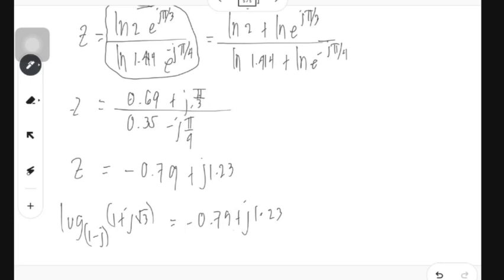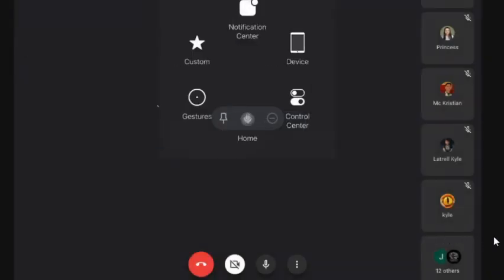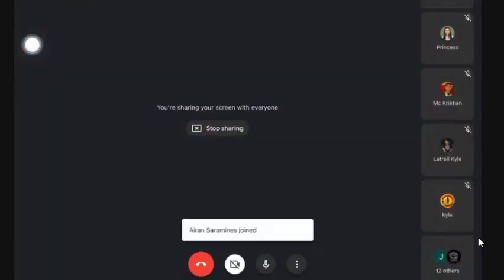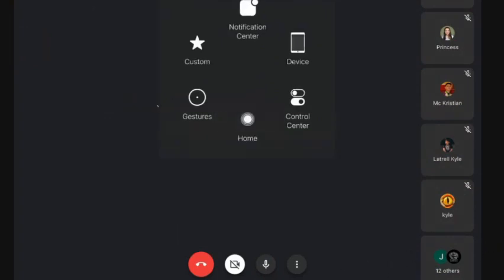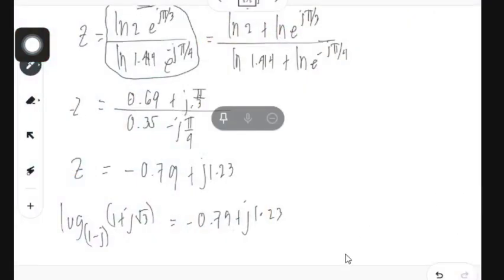Ibig sabihin, talagang gagamitan muna natin ng properties, no? Ibig sabihin, hindi nakaprogram sa calculator, ano? Pero tingin ko yung mga mas advanced na calculator, kaya na. Marami ng mga bagong model ng calculator. Tingin ko kaya.